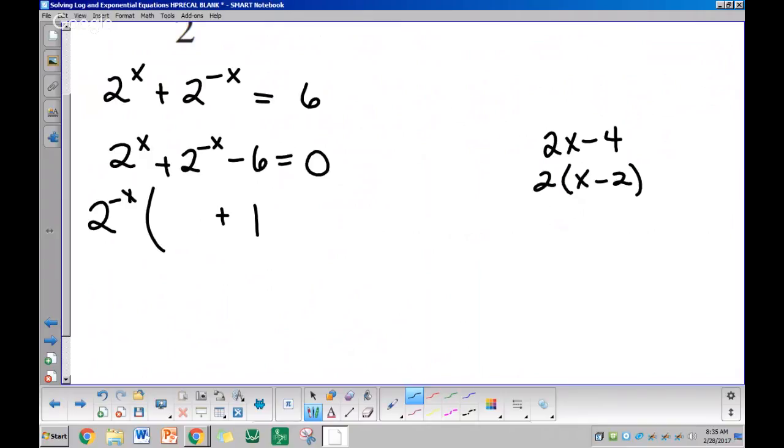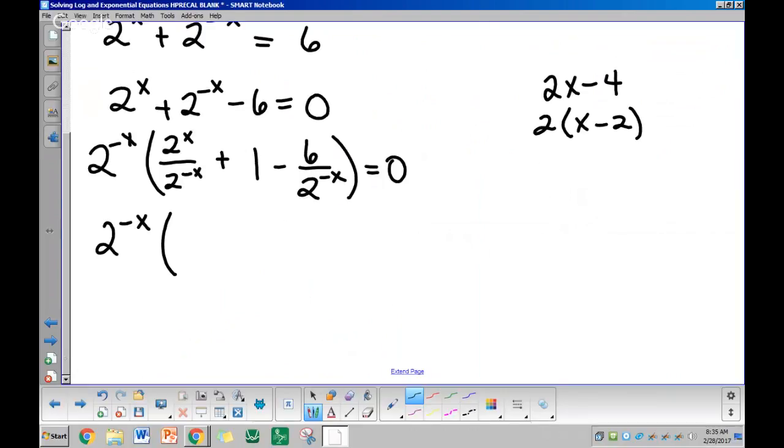Divide it, right? So I'm going to take 2 to the x over 2 to the negative x. You don't have to show this. I'm just showing you what we're doing. Minus 6 over 2 to the negative x equals 0. What's 2 to the x over 2 to the negative x? 2 to the 2x.